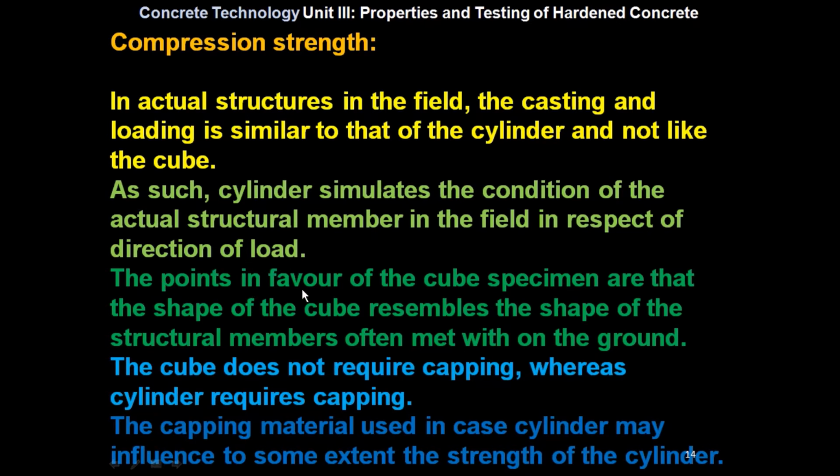The points in favor of the cube specimen are that the shape of the cube resembles the shape of the structural members often met with on the ground. The cube does not require capping, whereas the cylinder requires capping. The capping material used in the case of a cylinder may influence to some extent the strength of the cylinder.